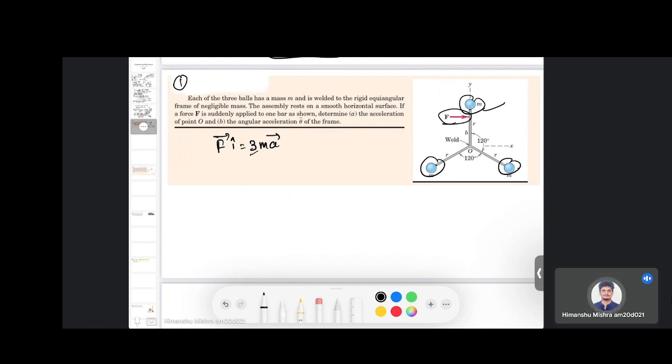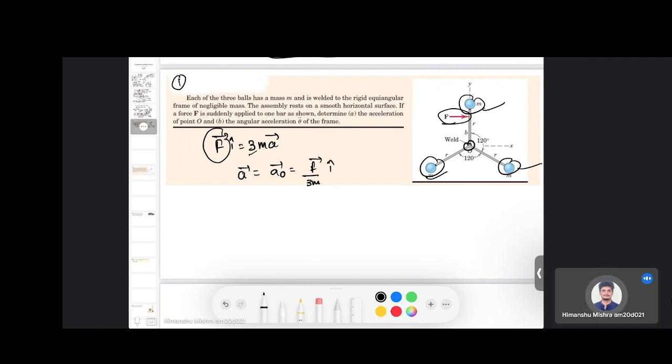Because there are three particles with mass m. And since this is the only external force, my acceleration at point O equals F by 3m in the i direction. So this will be my acceleration.